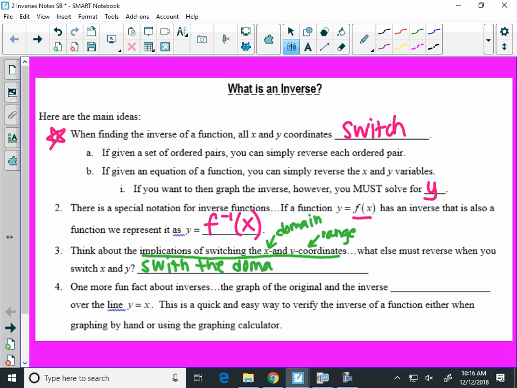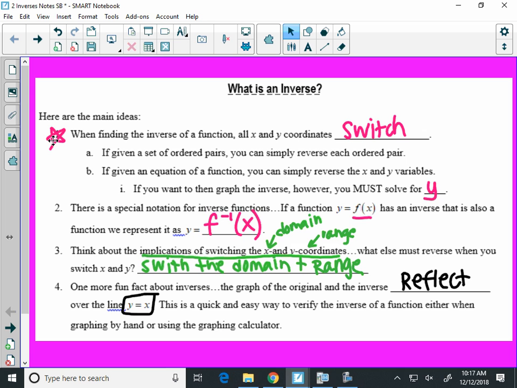We'll talk about that a little later today. Finally, inverses are mirror images of each other, so they reflect over the line y equals x. We're going to look at that in example 1.